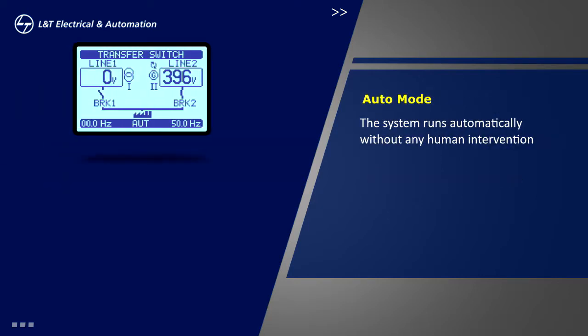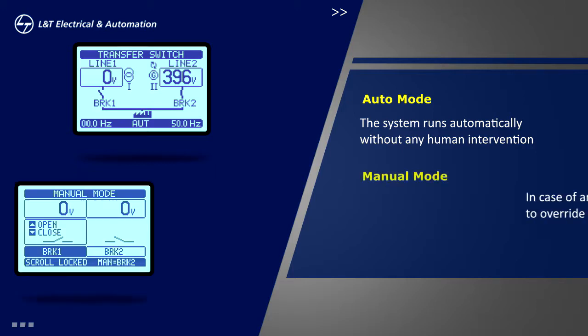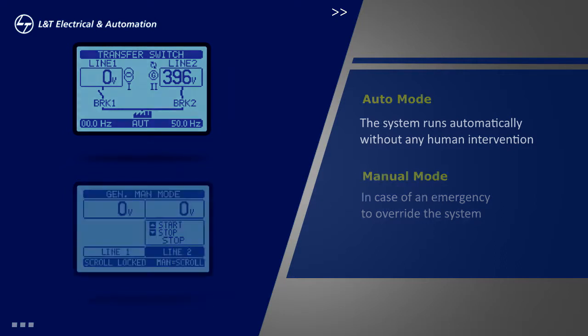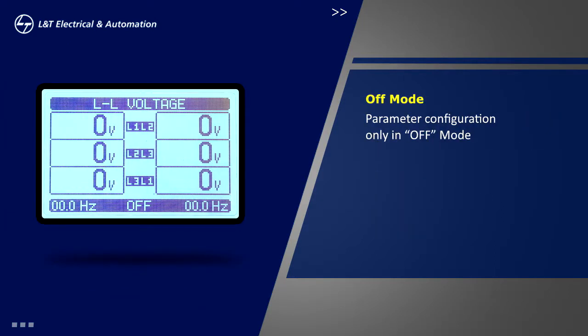The system runs automatically without any human intervention when in auto mode. The system can be controlled through manual mode in case of an emergency when the user wants to override the system. All parameter setups and commands are configured or executed only in off mode.